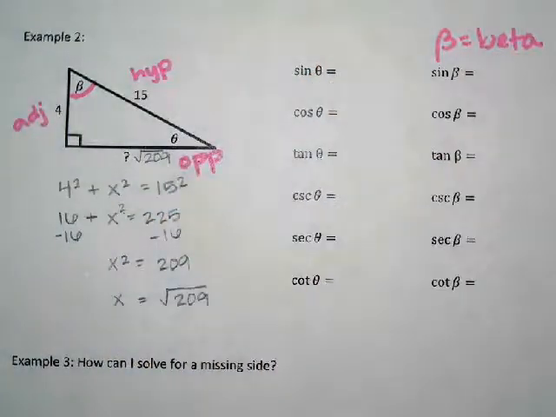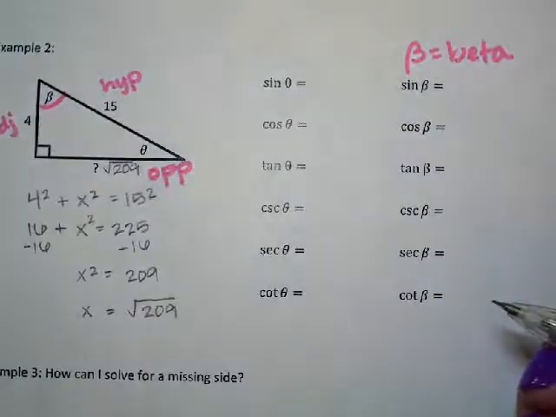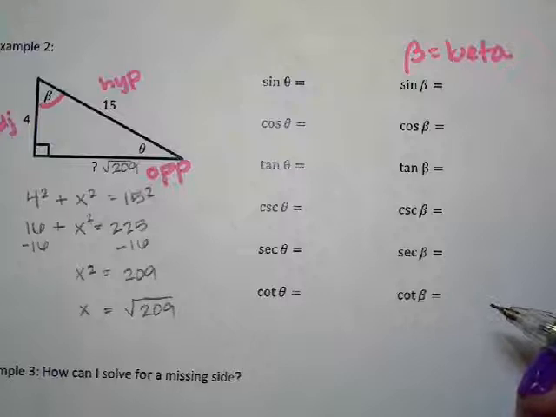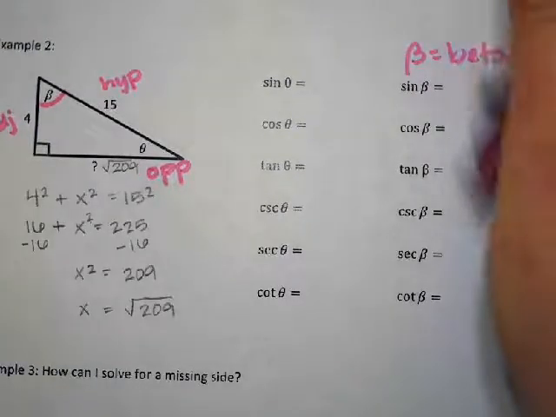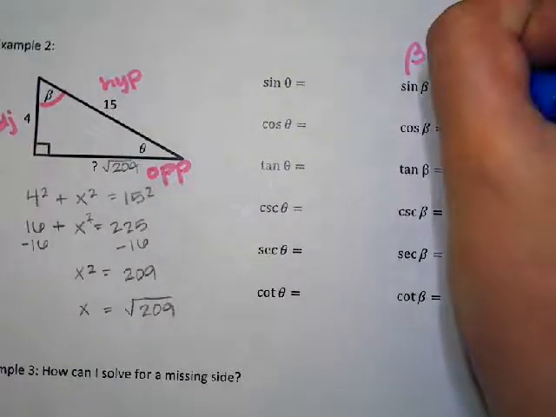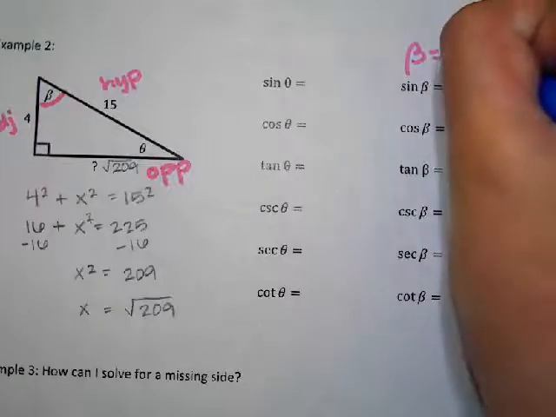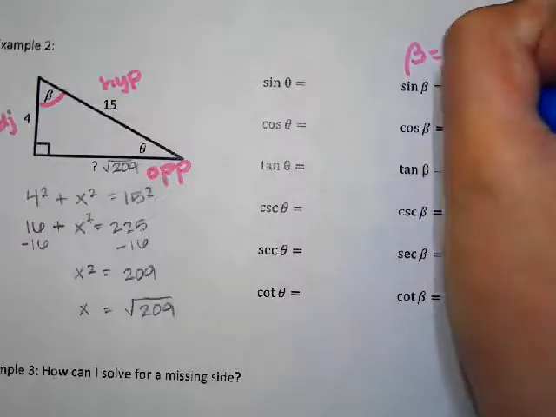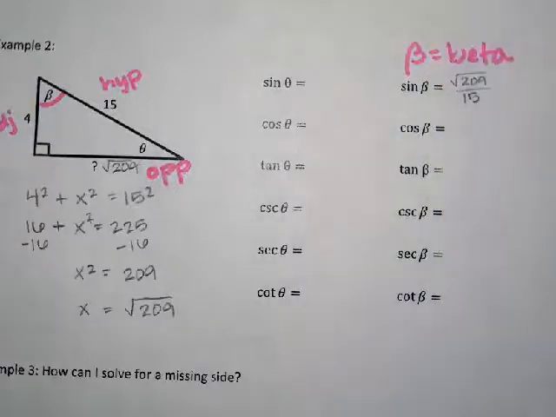All right, so SOH-CAH-TOA, sine of beta would be what? Okay, so opposite over hypotenuse would be root 209 over 15.